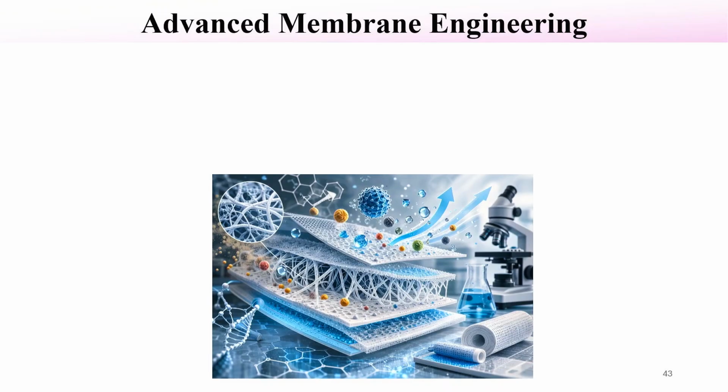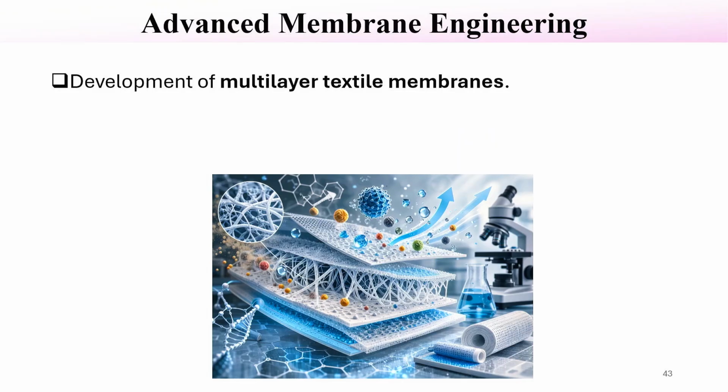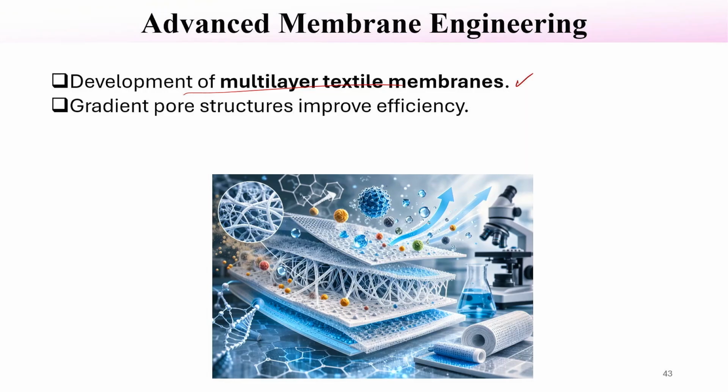And now advanced membrane engineering is there, developed on the basis of multilayer textile membranes. We can develop a multilayer textile membrane. A gradient pore structure improves the efficiency, that is important.